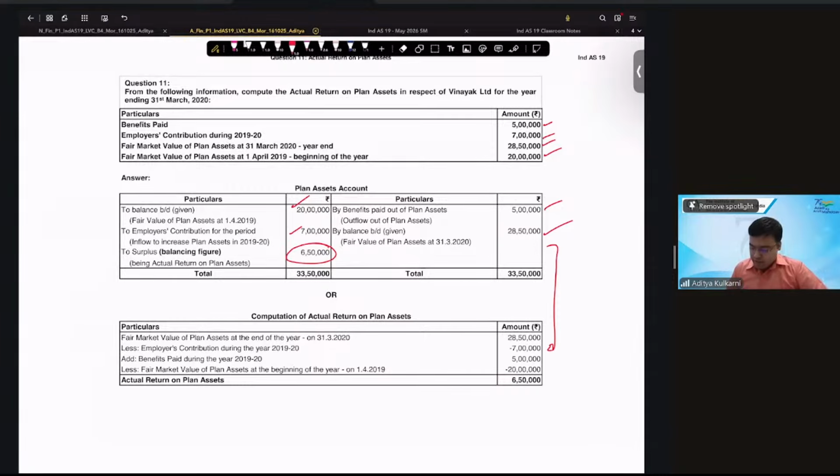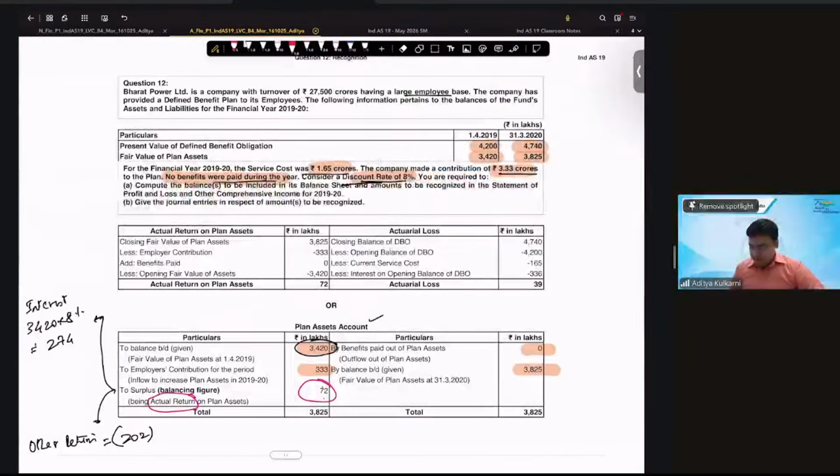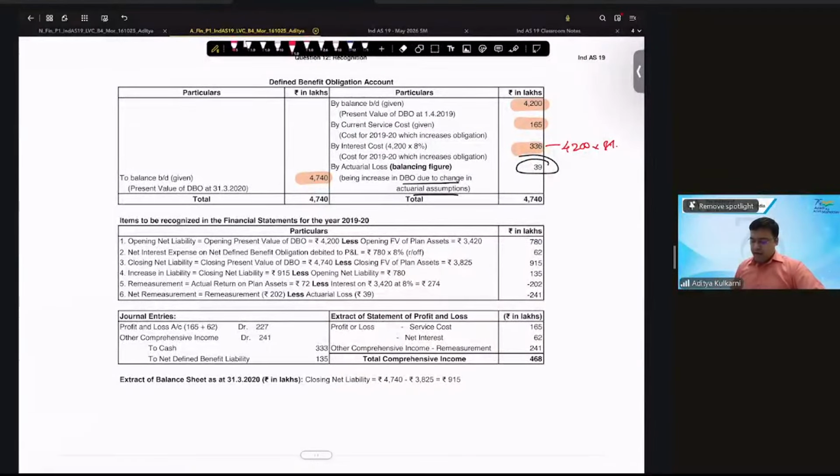So now if we come to this question, 72 is your actual return. Out of 72, it means 274 you got as interest, but you have lost 202 lakh rupees on account of actuarial changes. This is your other return. So when we come to items to be recognized in the financial statements, I will recognize opening net liability.